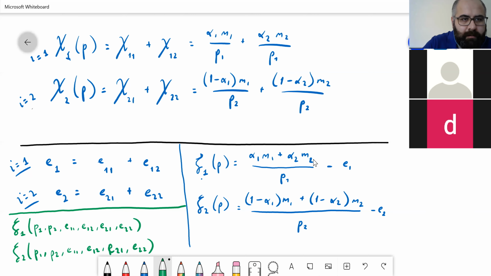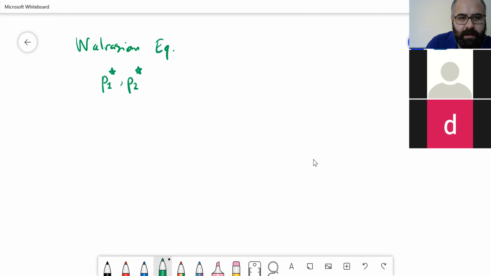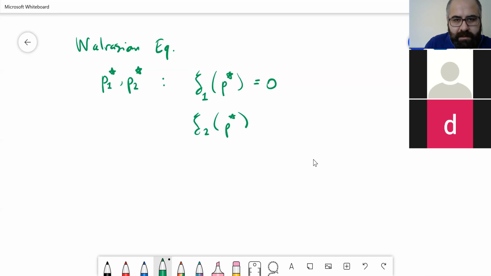Now, equilibrium is what? There will be a Walrasian equilibrium, of course. It will be a price vector, P1 star, P2 star, right? Such that zeta 1 of P star will be equal to 0 and zeta 2 of P star will be equal to 0.